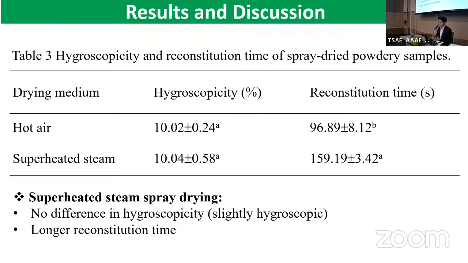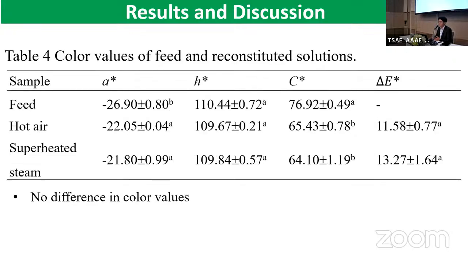For the reconstitution time, we observe that the superheated steam spray-dried powder had a longer reconstitution time because during dehydration the particles were tightly packed together. Here is the result of color values of the reconstituted solution. We observe that there are no differences between values of superheated steam and hot air spray-dried color powders.